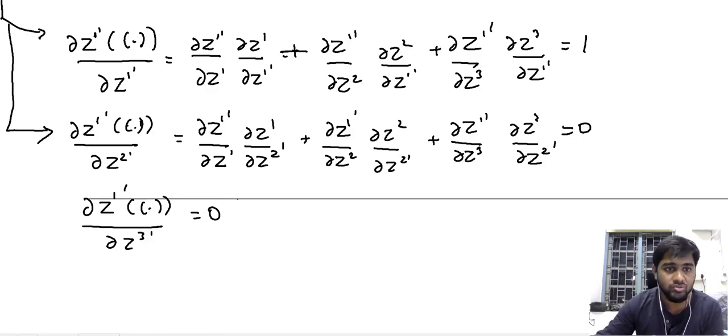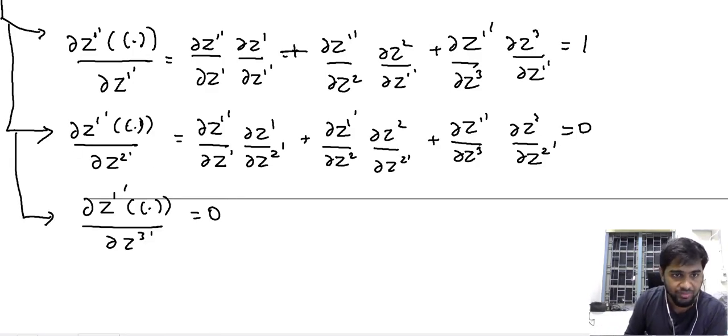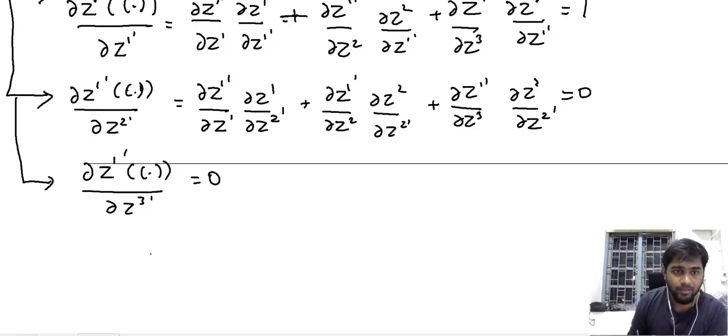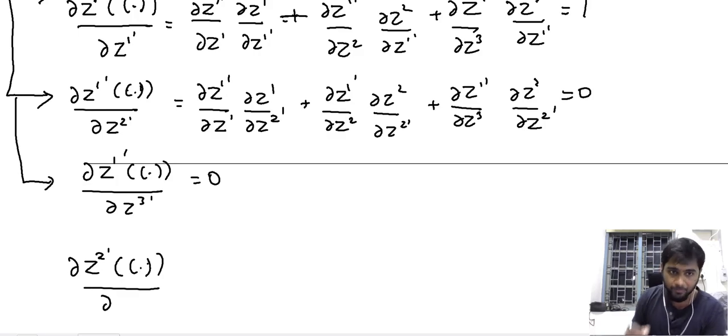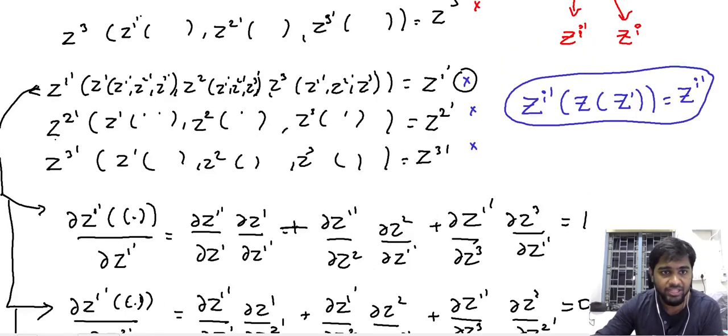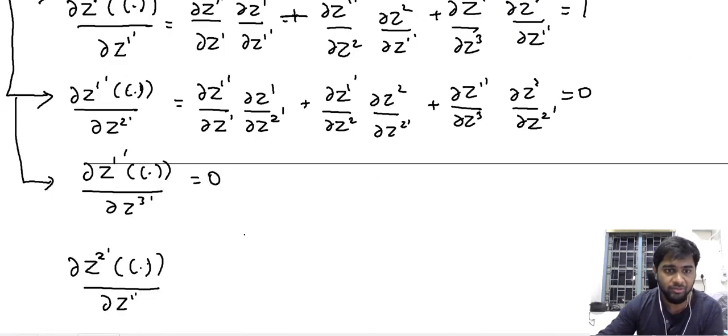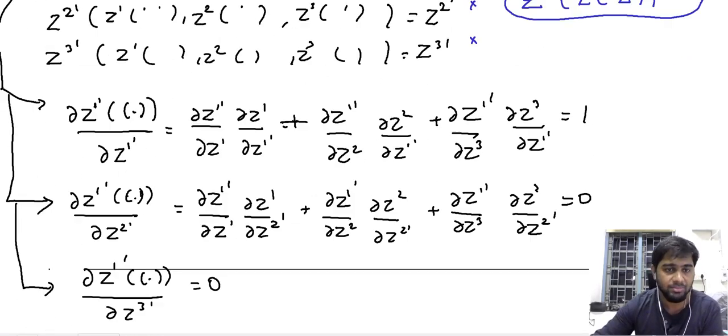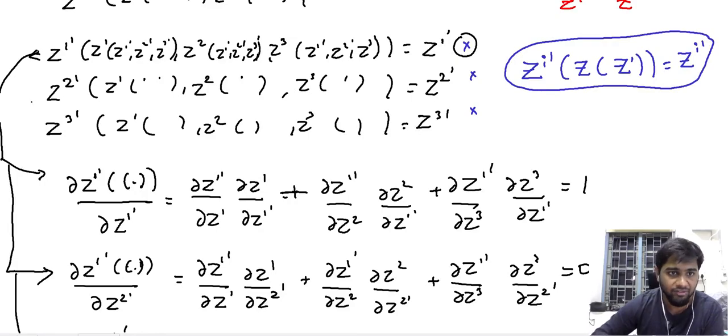All of these stem from the first relation. In the same way, it is also possible for us to express the partial derivative of the second coordinate system, ∂z2 prime, which is expressed as a function of a function, with respect to the corresponding coordinate, that is z1 prime. Now this stems from the second relation here.